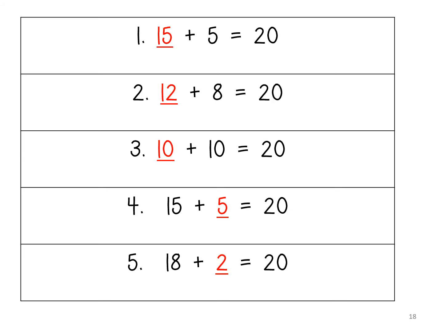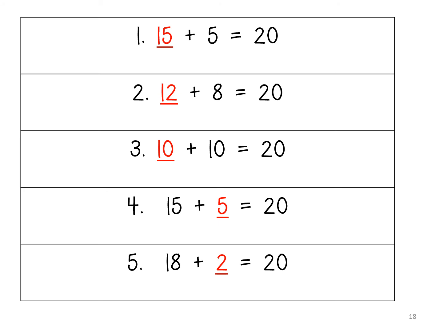Children, let us see how we have arrived at our answer. So number 1, remember I told you that we are going to take 20 and minus what is on the left hand side of the equal to sign. So here we're going to say 20 minus 5, which is 15.